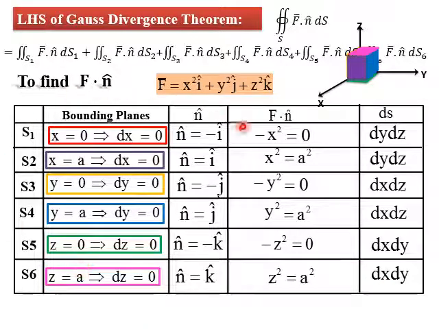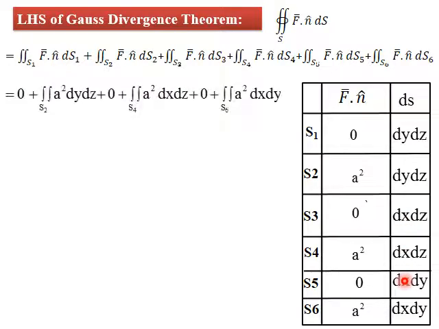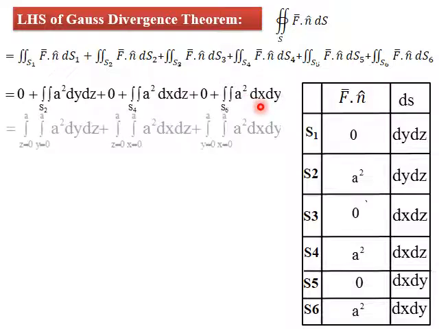This is how we have to compute the integrand f bar dot n cap over all the 6 faces. Now we have the f bar dot n cap data and the elementary area dS data. Simply substitute in these 6 integrals. We get over S1 integral value 0, over S2 double integral a square, over S3 integral value 0, over S4 double integral a square dx dz, over S5 integral value 0, over S6 double integral a square dx dy.